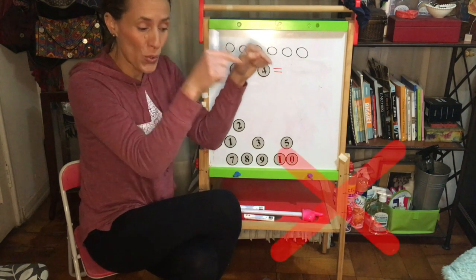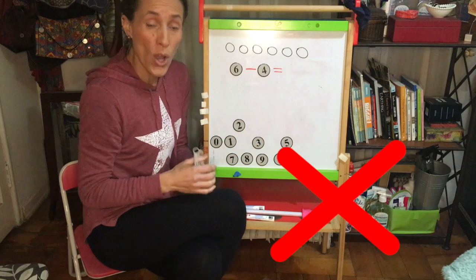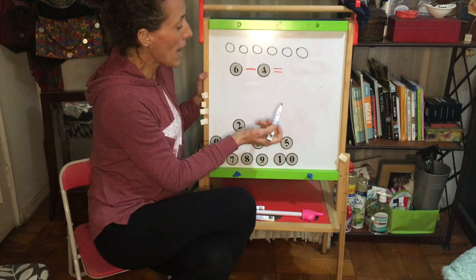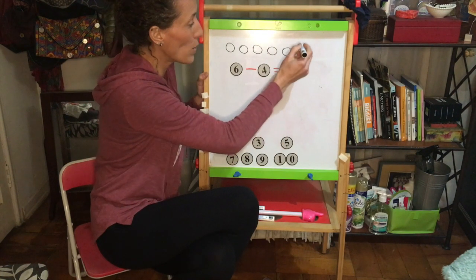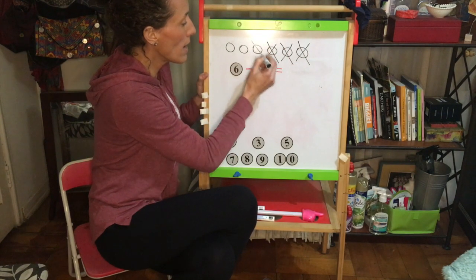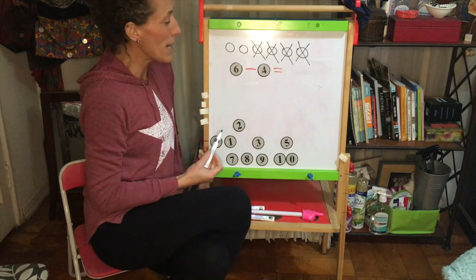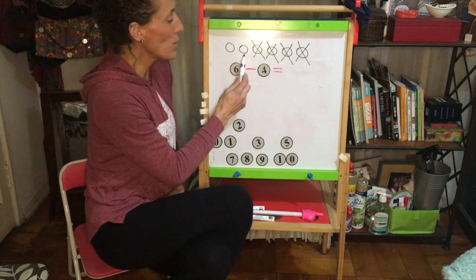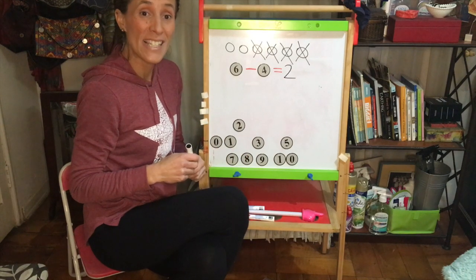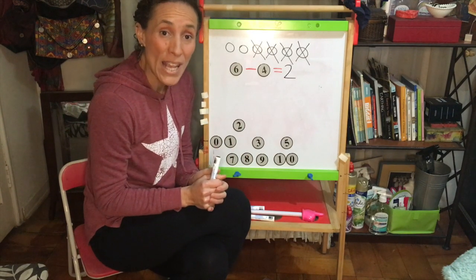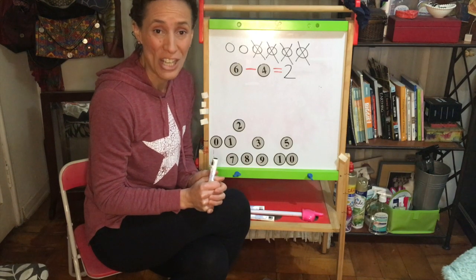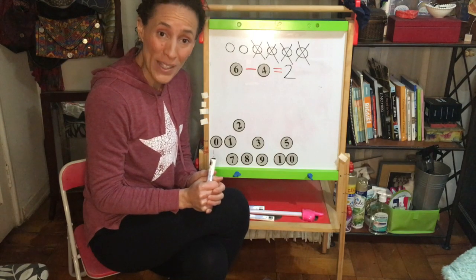So you're going to use a cross to show how many you are taking away. So I cross out 1, 2, 3, 4. And how many are left? 1 and 2. So I write number 2. See? This is an easy way to subtract. If you like it, use this strategy. Let's go and learn the other one.